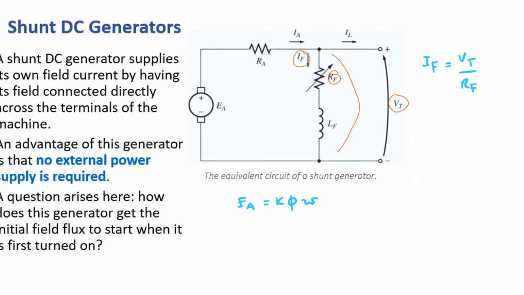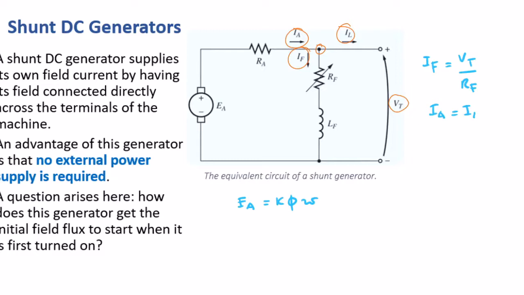Then from KCL, Kirchhoff's current law, if you look at this node, we have three currents here: IA, IF, and IL. You can see from the direction they are flowing that IA is equal to IL, the line current, plus the field current.